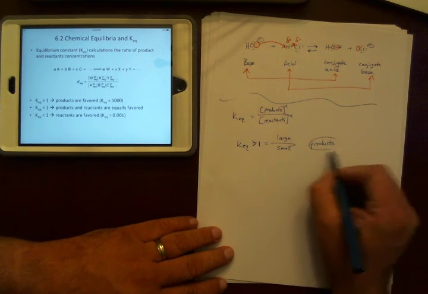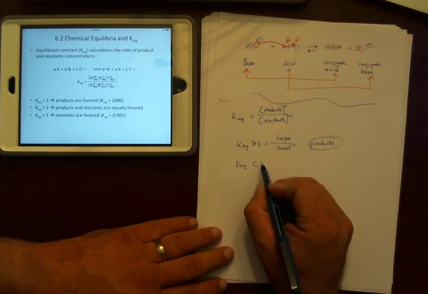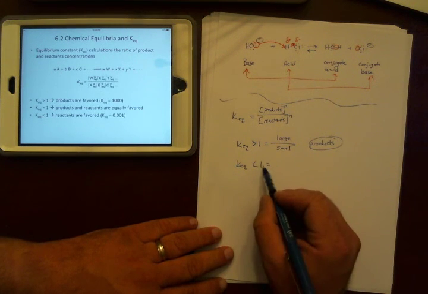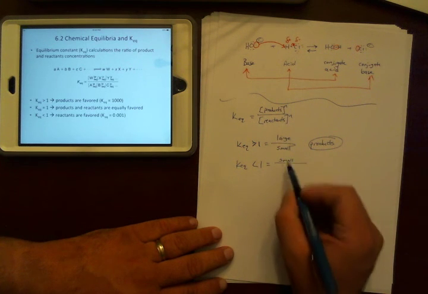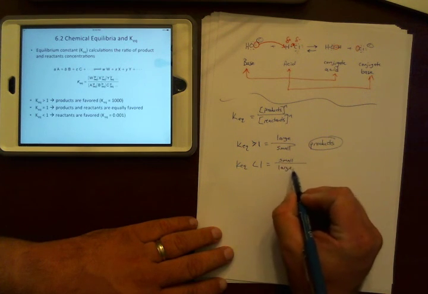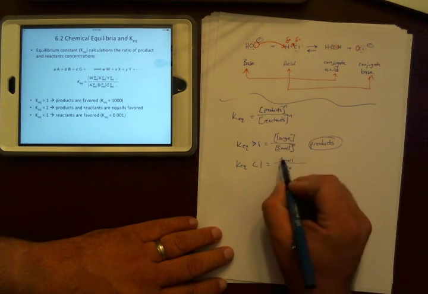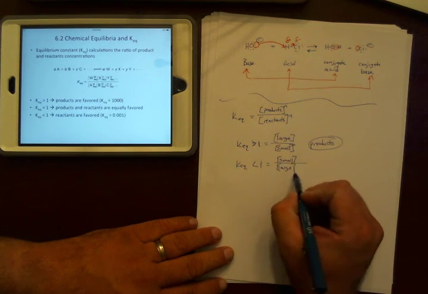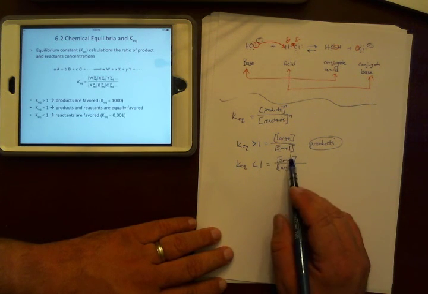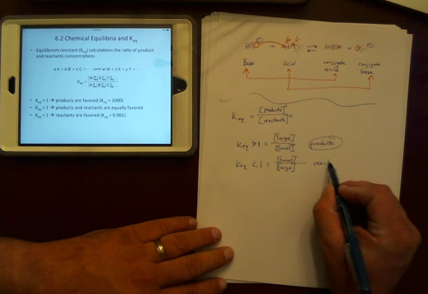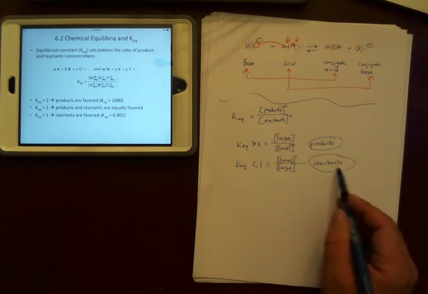If the equilibrium constant is really small, less than 1, we have a small concentration of products and a large concentration of reactants, so reactants are favored.